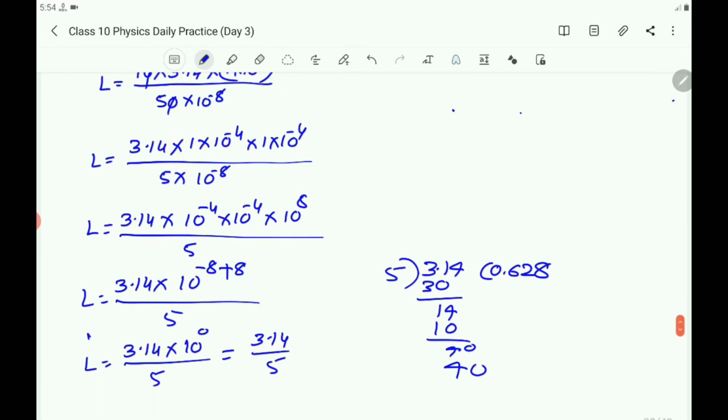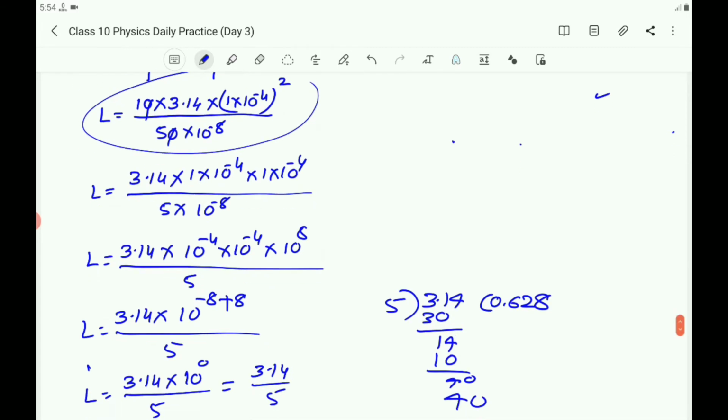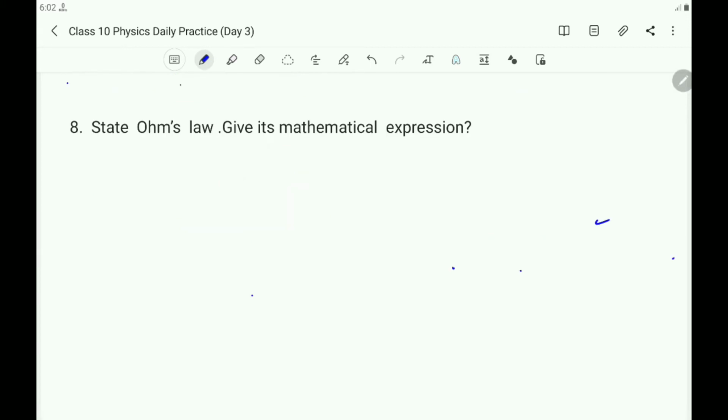So you got 0.628. The formula is the same, and you can do the solution using any convenient steps. The length is 0.628 meter.